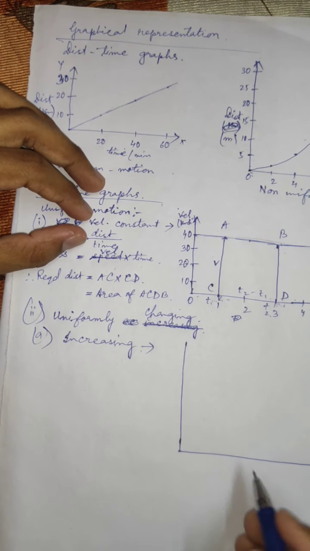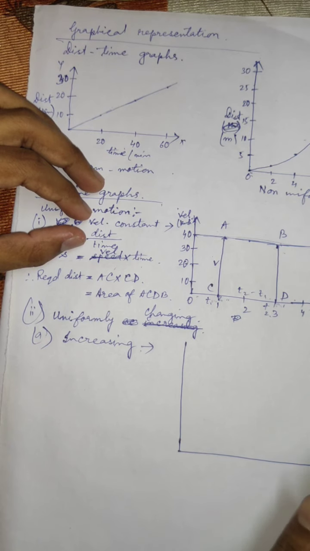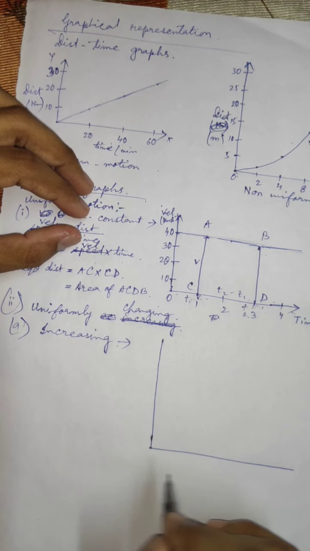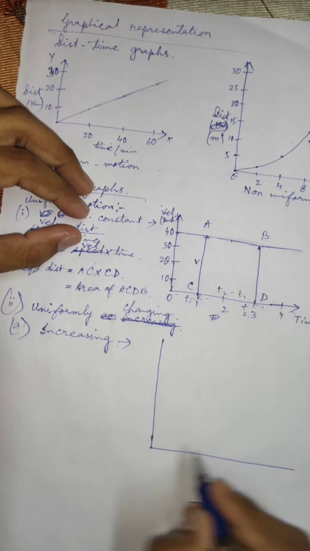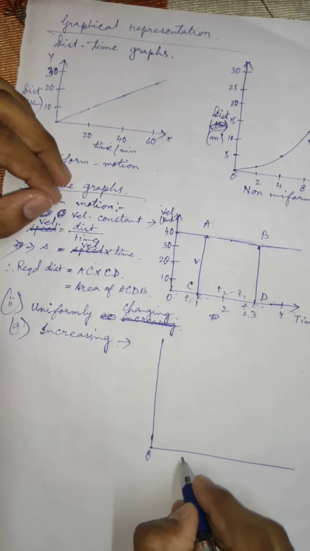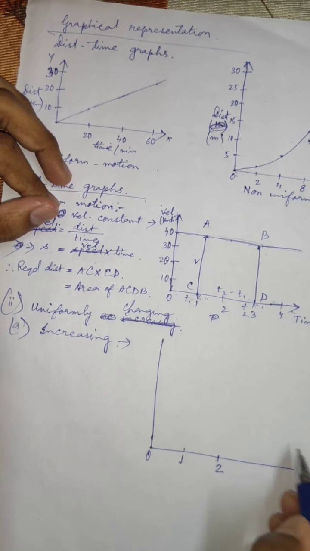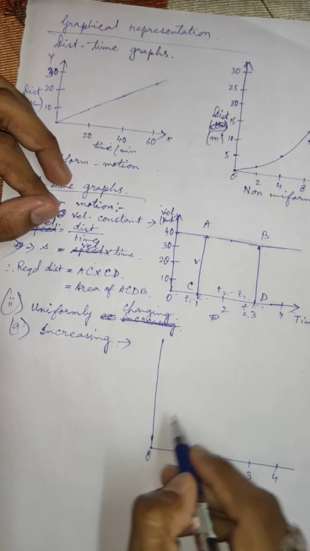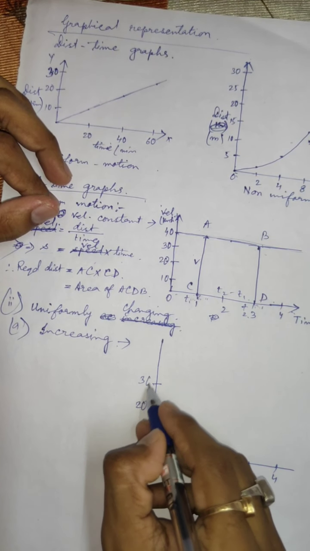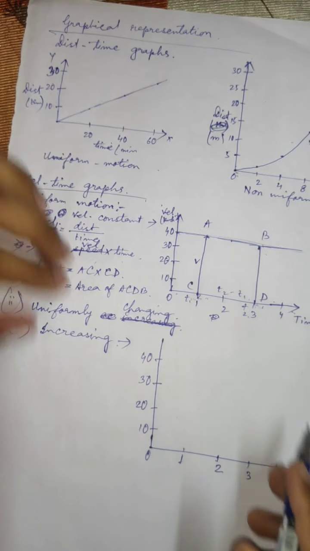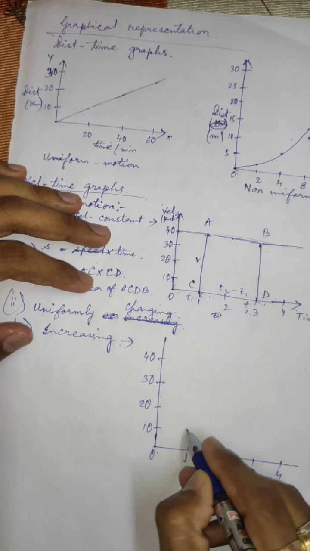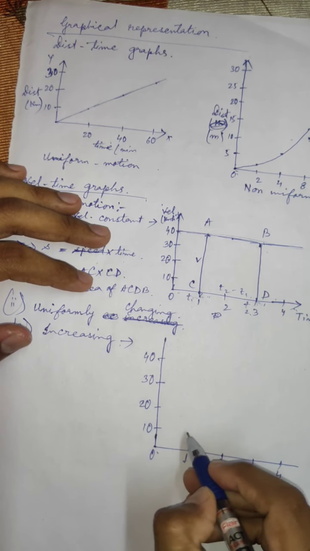I am taking velocity and time along the axes. In the first hour the velocity was 10.